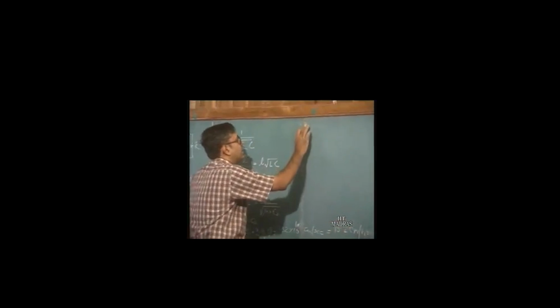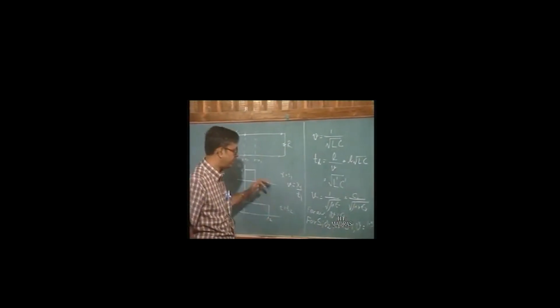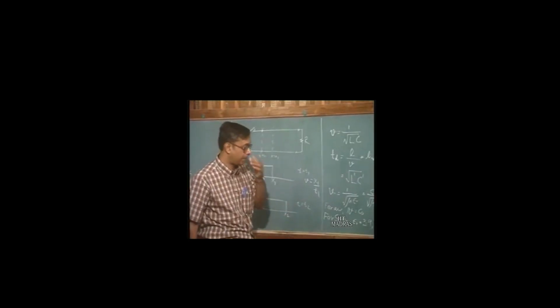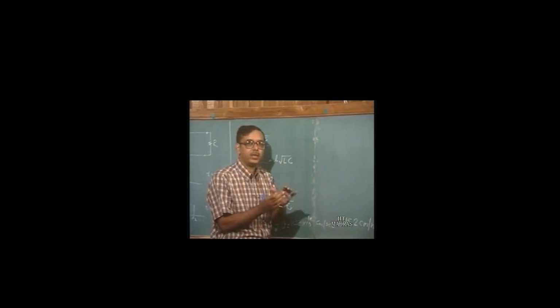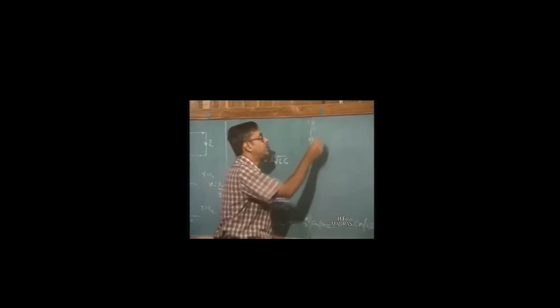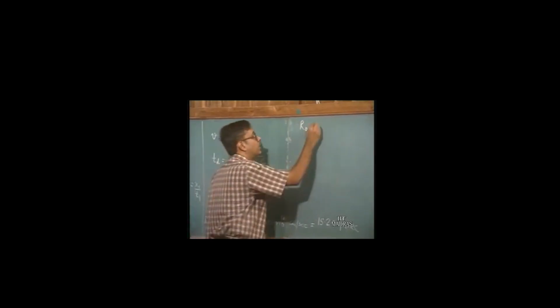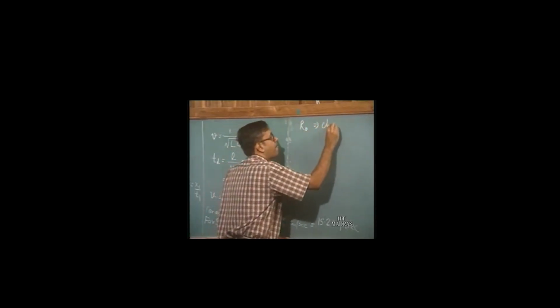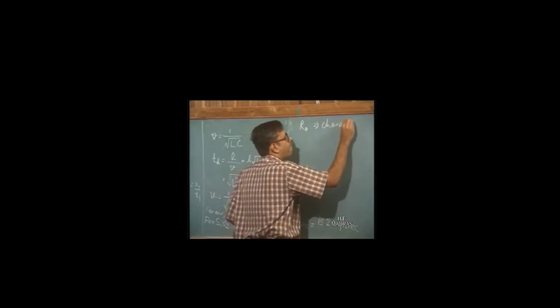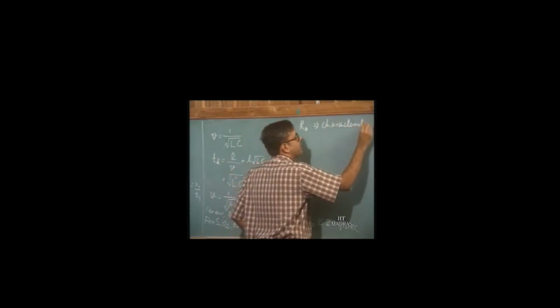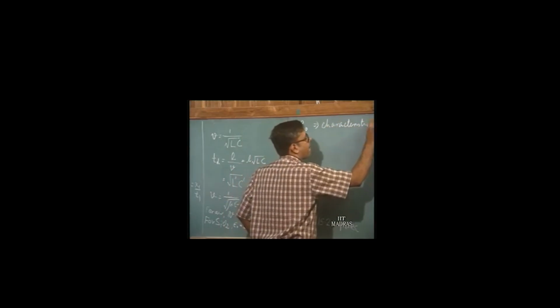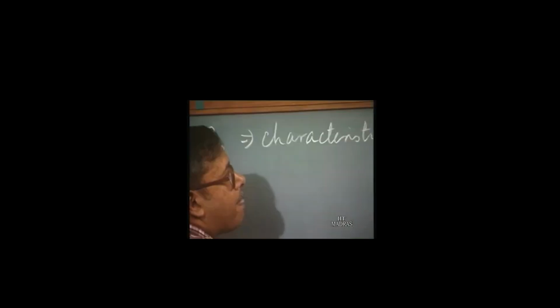All right. Now, coming back to the ratio of the voltage and current on the line. This voltage and current on the line will have a ratio which is given by R naught, which is called the characteristic impedance of the line.